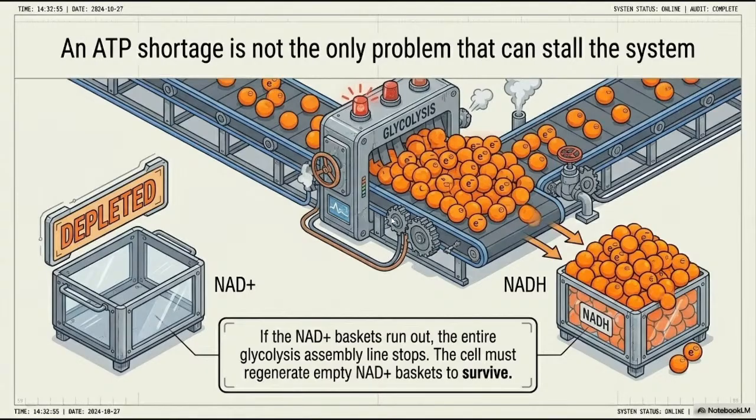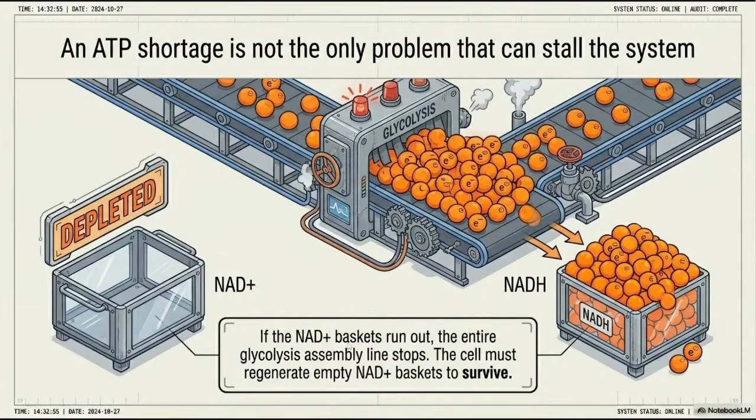Now, look at the real scenario. You can see an ATP shortage is not the only problem that can stall the system. It's not only when you don't have enough energy. There are sometimes that NAD plus must not be depleted.